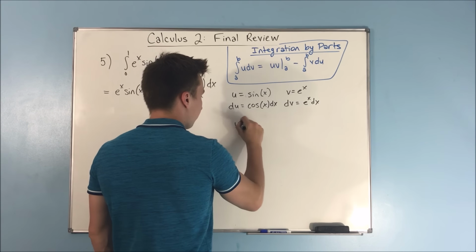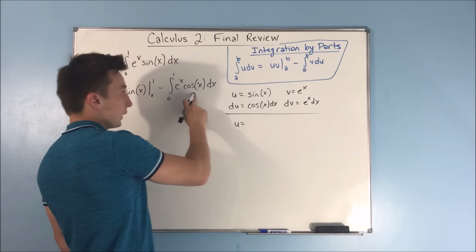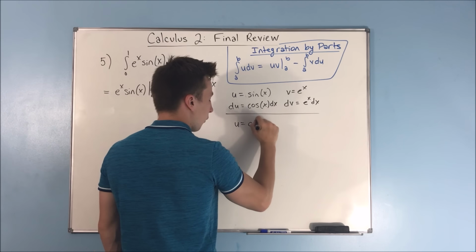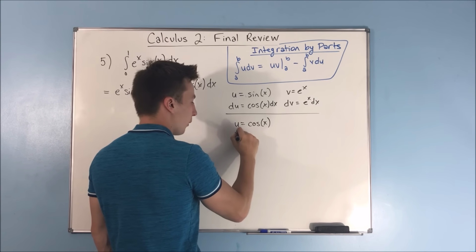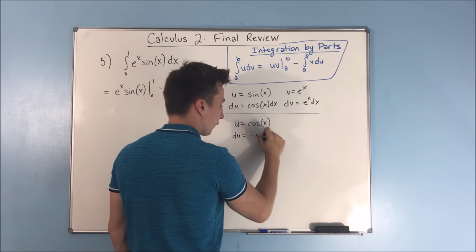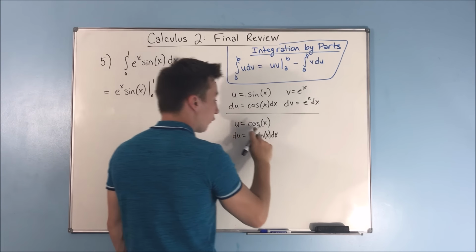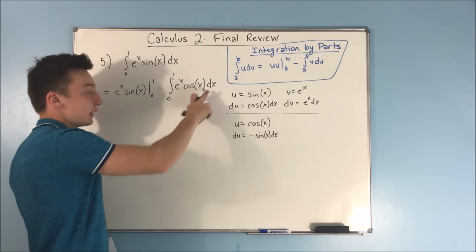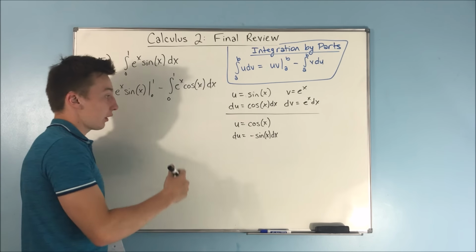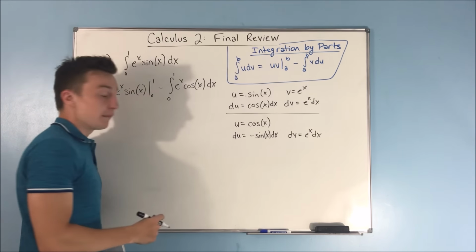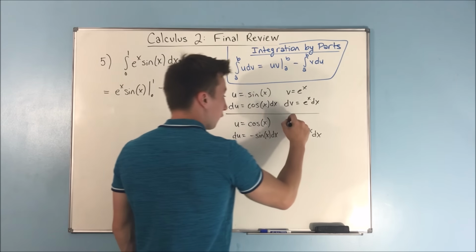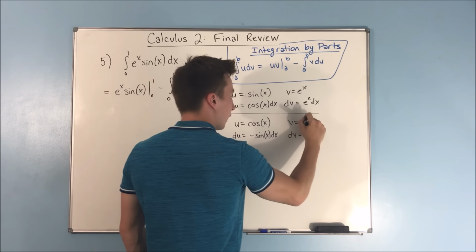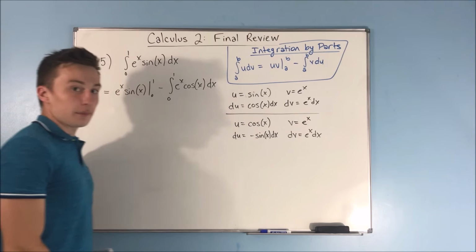Let's set u equal to cosine x, okay, and du will now be negative sine of x dx. If we set u equal to cosine x, then dv needs to be e to the x dx, basically what's left of that integral. So that would mean that our v, okay, we have to integrate here, and we get e to the x.